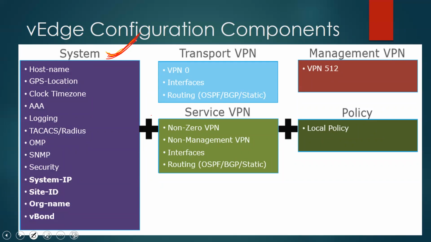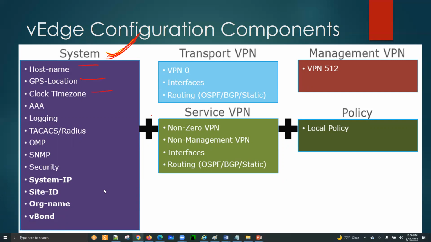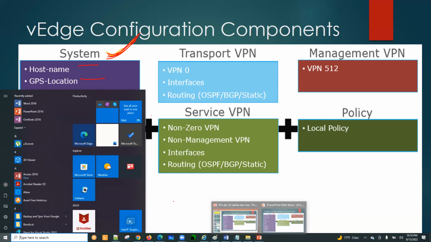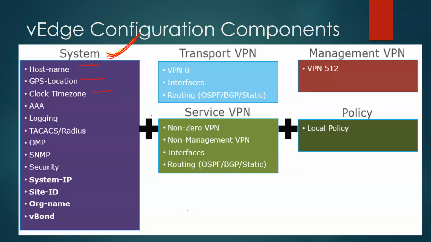Inside system configuration, you can give the host name, GPS location, etc. Before going there, I just want to log into the device and show you how this looks. Let me quickly log into the device and show you the system configuration and all these pieces of configuration. Then we'll come back to the slide and I'll show you how things are connected.